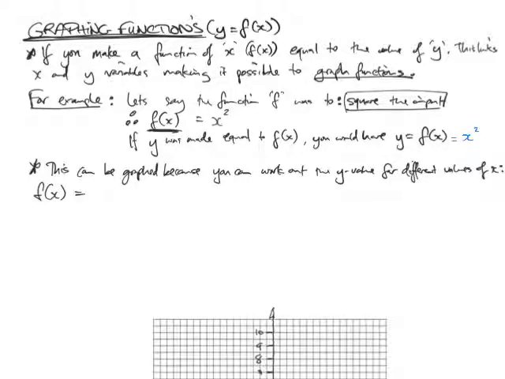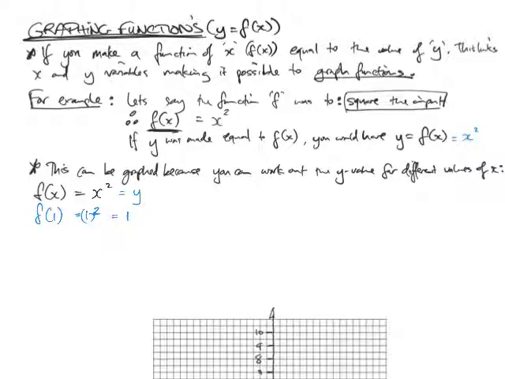So that can be graphed because you can work out the y value for different values of x. We know that for this function f of x is going to be x squared, and that also at the same time equals y for the purposes of graphing it. So what's f of 1 going to be? 1 squared is going to be 1.